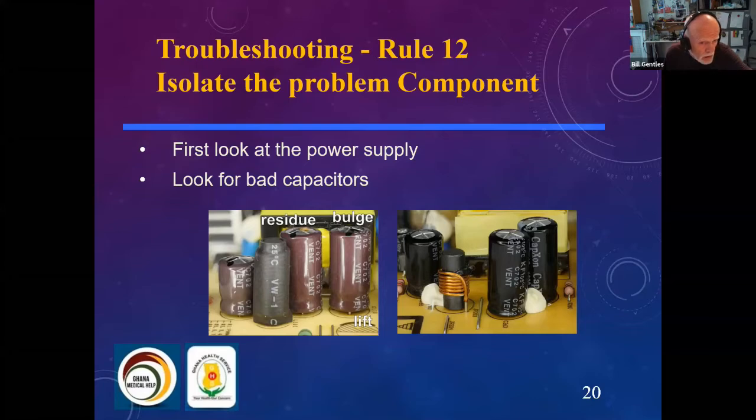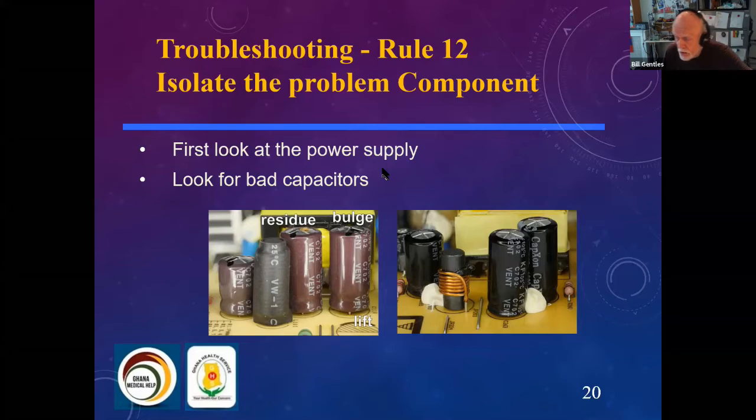Capacitors can reveal their failure by distortions of their size, bulging, or leaving residue on the circuit board, as shown in the right-hand picture here. Those are indications that the capacitor is leaking some of its electrolyte.